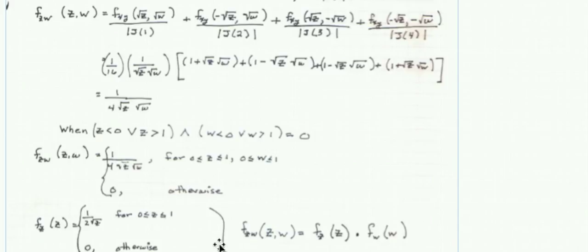The function f of z, w equals f of z times f of w, which yields, therefore, that x squared and y squared are independent.